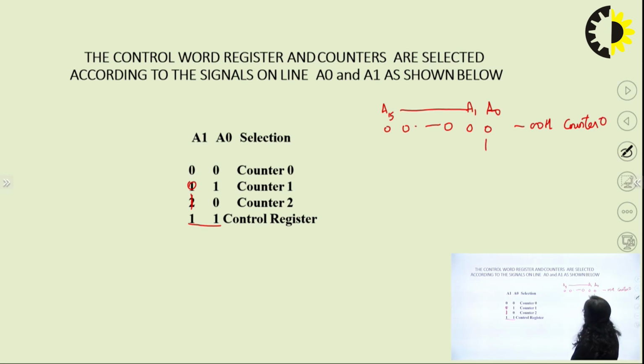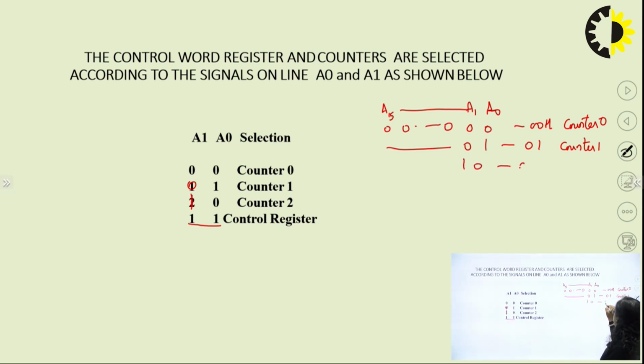If we write 01, then 01H will be the address for counter 1. 10, that is 02H, for counter 2, and 11, that is 03H, for the control word register.